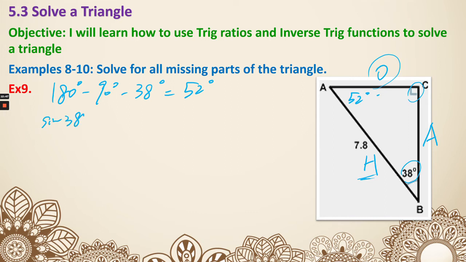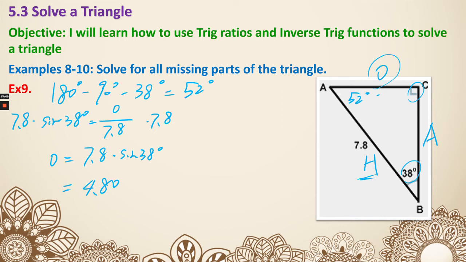So sine 38 degrees is going to be opposite, which I don't know, over hypotenuse, which is 7.8. So opposite is going to be 7.8 times sine 38 degrees. I'm just multiplying both sides by 7.8. And that should give me 4.80 as my opposite.